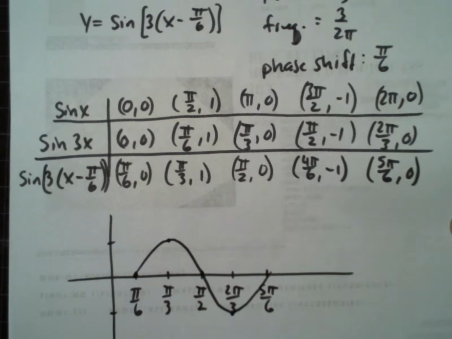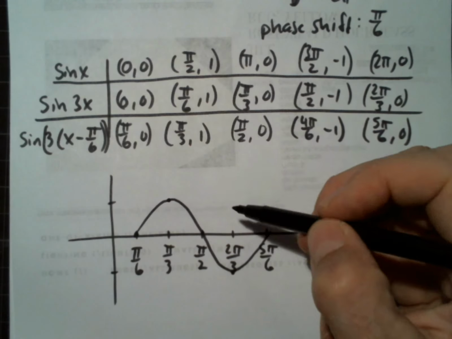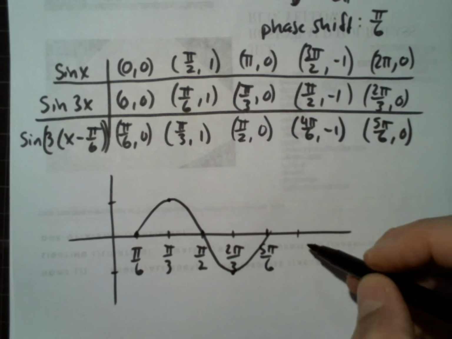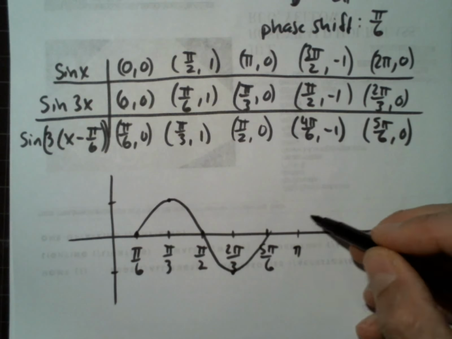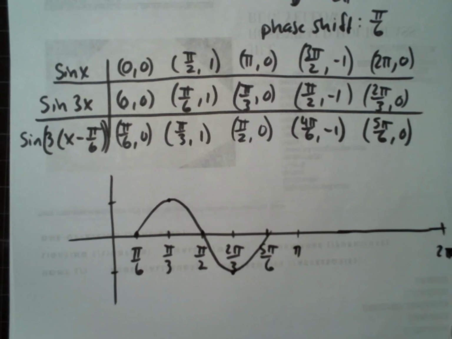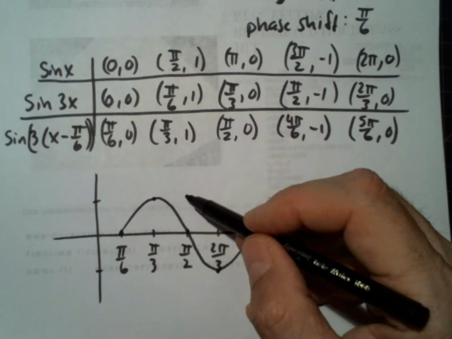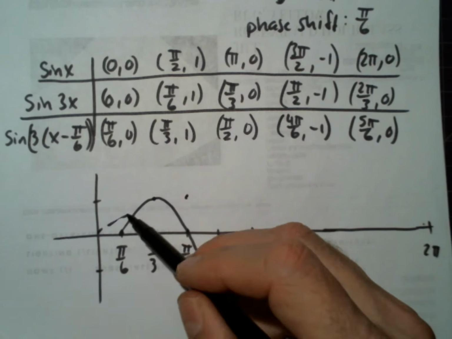So there's the transformation, and we could look at where the parent function would be. Here's pi over 2, so then this will be pi, and we go twice that distance, that'll be 2 pi. So we can see that this is where those parent function points are.